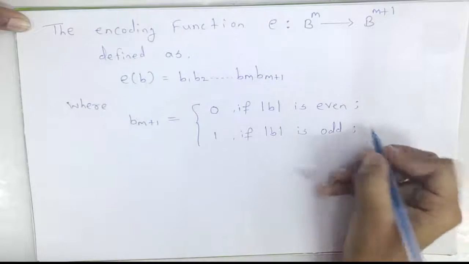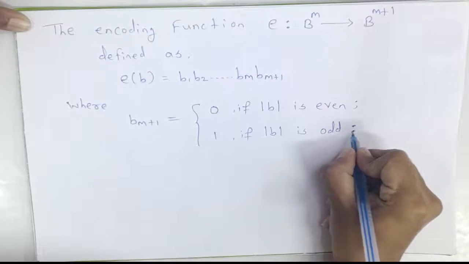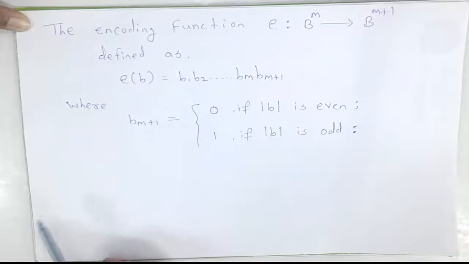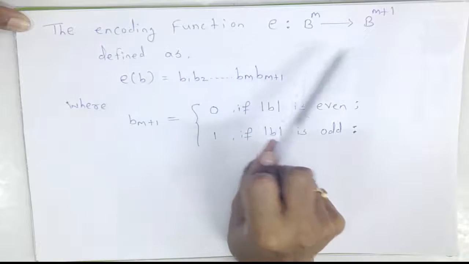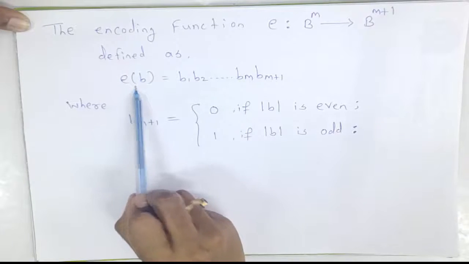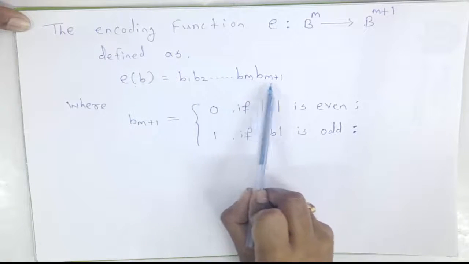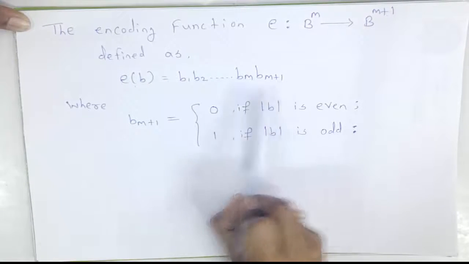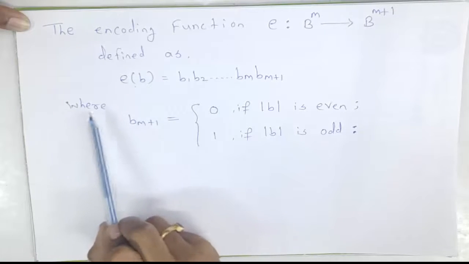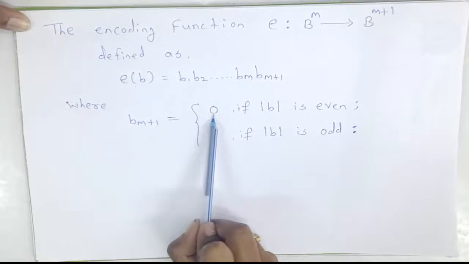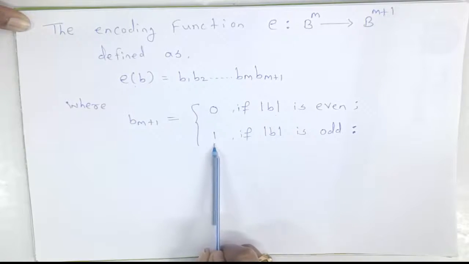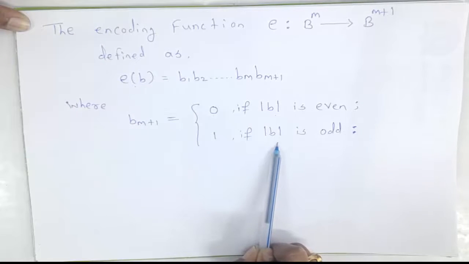So see here, the encoding function e from B raised to m to B raised to m plus 1 is defined as e of b equals b1, b2, b3 up to bm+1. Here e of b is nothing but the code word. Where bm+1 equals 0 if the weight of b is even, and equals 1 if the weight of b is odd.